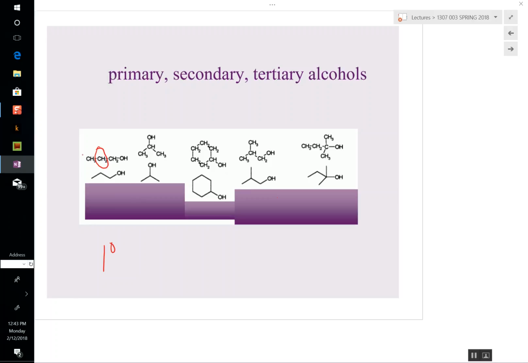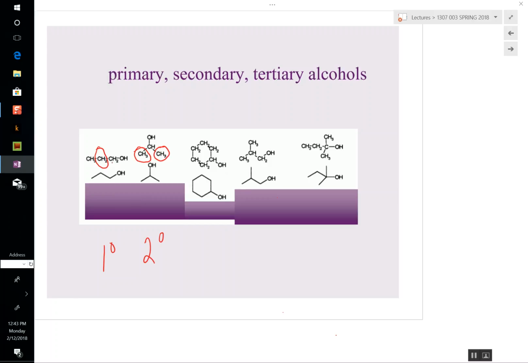Secondary. Yeah, you're right. No, I just like the way you pronounced it. That's all. Secondary. That's what I said. 2 carbons attached to it. So that's secondary.